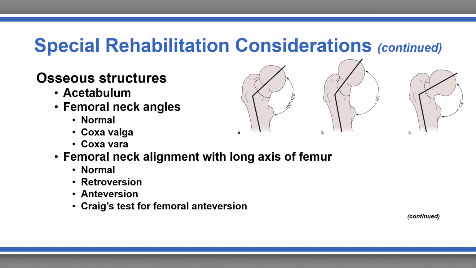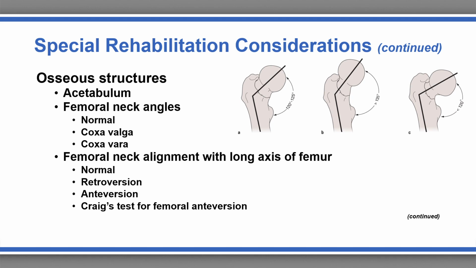What you can see on the diagram on the far right of your screen is that in normal cases, the femoral neck forms a 125-degree angle with the femur, or the long bone or shaft of the femur, as you can see in figure 18.1 and specifically diagram A. That would be the normal joint angle, but sometimes the femoral neck angles can either be greater or less than the predicted or normal angle.